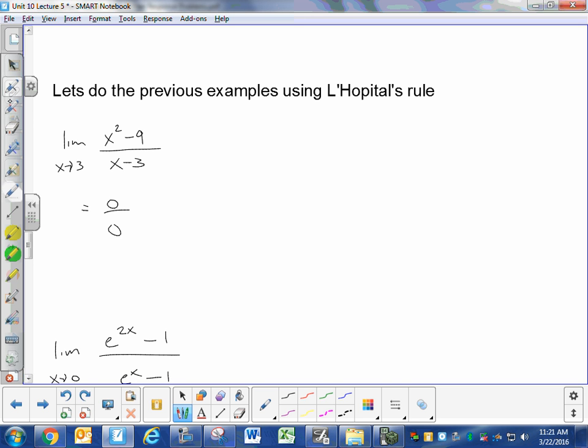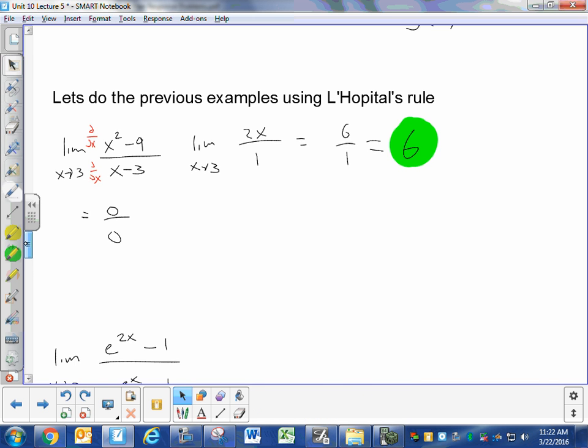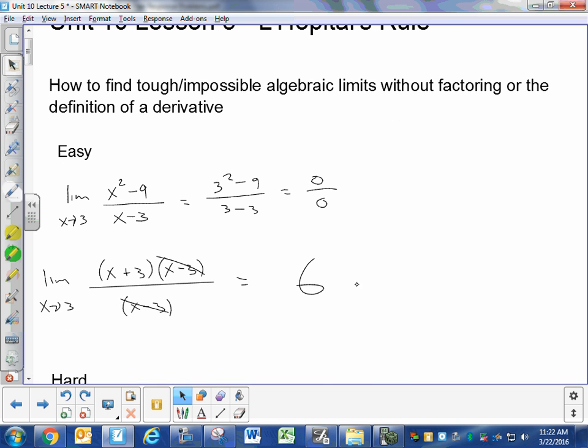All I would do is take the derivative of the top and the derivative of the bottom and find that new limit at those locations, or find the slopes of the tangents of the functions at 3. This is 6 over 1, which is 6. Easy to find, and it's the same exact answer that I found using algebra.